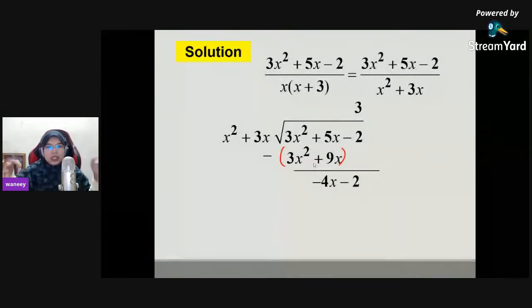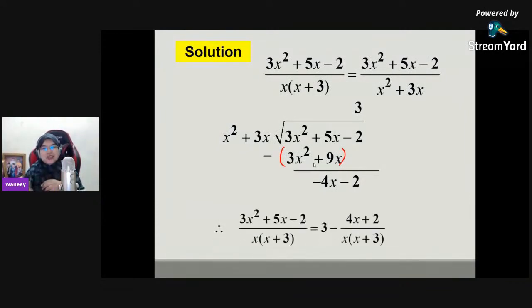So now write them down in terms of the polynomial plus with the proper fraction. Kena sebut elok sikit, sebab kita salah. Okay, so 3x squared plus 5x minus 2 over x plus 3. So this is actually equal to 3 minus, so I put the negative outside, so I simply factorize the negative out.